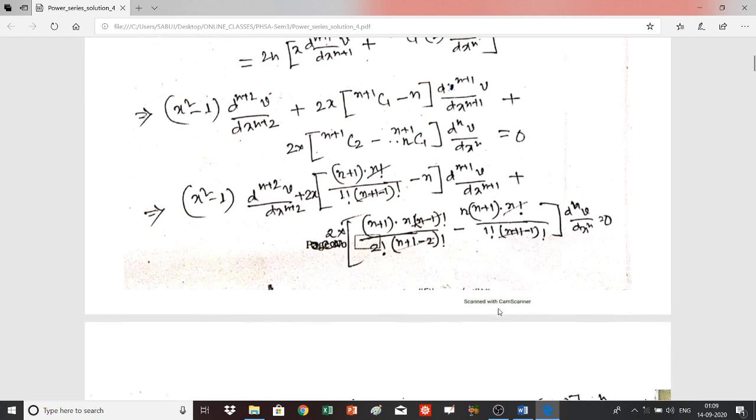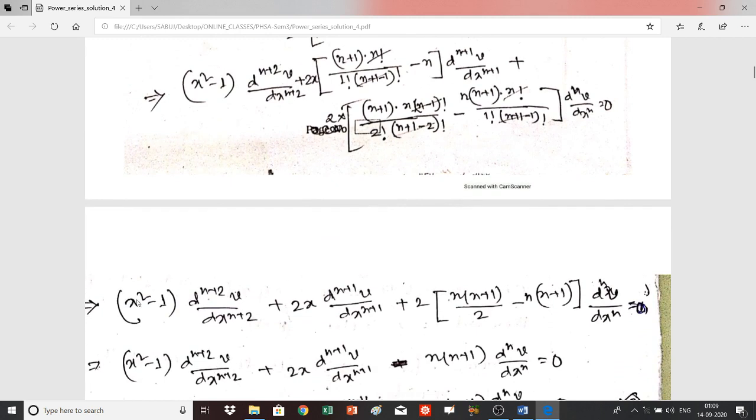And the next term, so now we get (x² − 1) d^(n+2)v/dx^(n+2), plus 2x is here, and after simplification, you see here that the (n+1) term is remaining here, and here is n, so n and n will cancel out, and you will have only 2x d^(n+1)v by dx^n, and the final term is plus 2 is here, and what you obtain from this term is n into (n+1) by 2 minus n into (n+1).